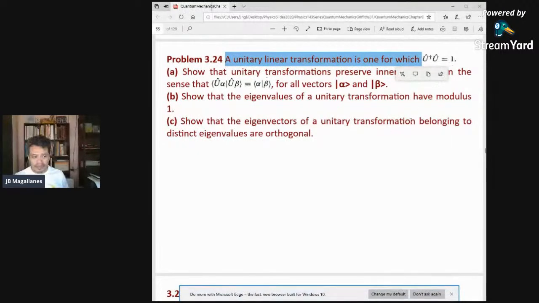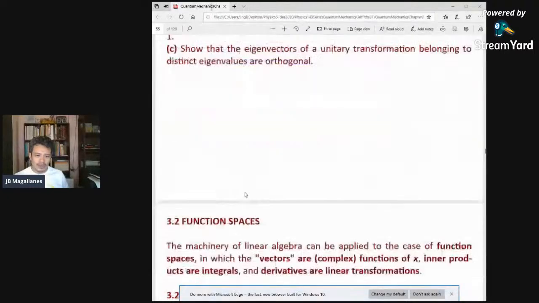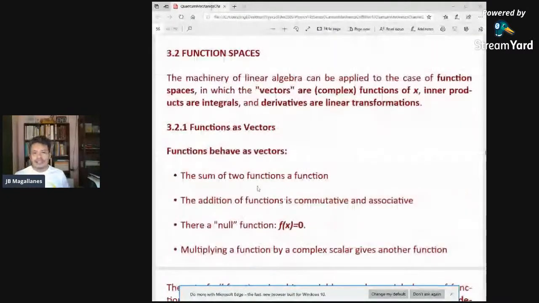Unitary matrices are different from the identity matrix. A unitary matrix has the Hermitian conjugate times the original matrix equal to 1, while the identity matrix is a matrix with diagonals of 1, and all other elements equal to 0. So that's it for this session.